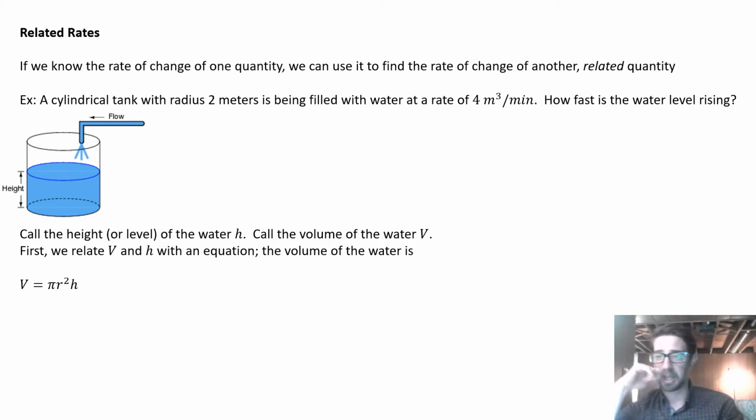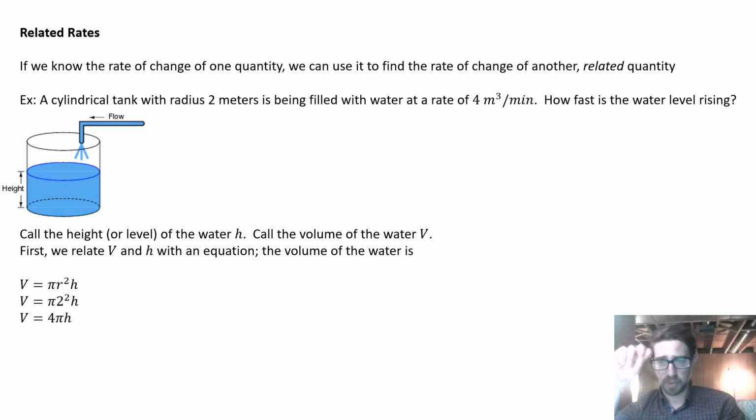That's generally the case for all volumes of what we call prisms. And we actually know the radius of the tank here, right? That's really the only other piece of information we were given. So plug that in. R is 2. So it's pi times 2 squared h, which can be more eloquently written 4 pi h. So the volume of that water is 4 pi times the height of the water.